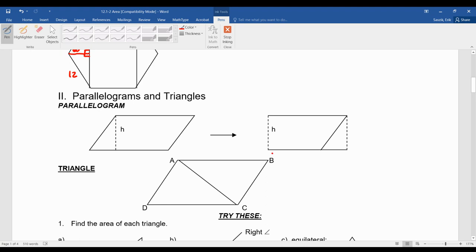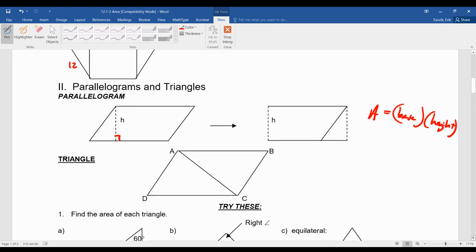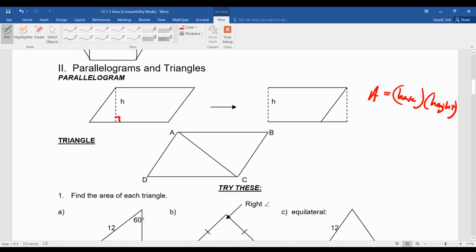Now, this base is the same thing as that base. You just have to remember that the height is not this other side of the parallelogram. The height is the perpendicular distance across the figure. So area of a parallelogram is just simply base times height, just like it would be for a rectangle.